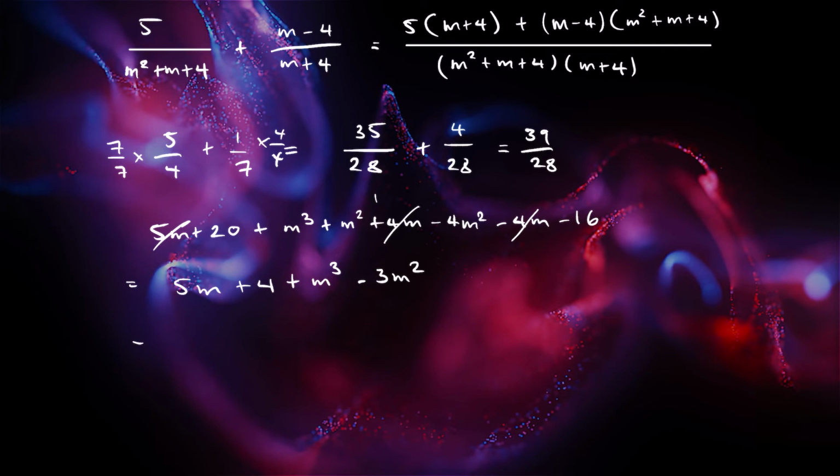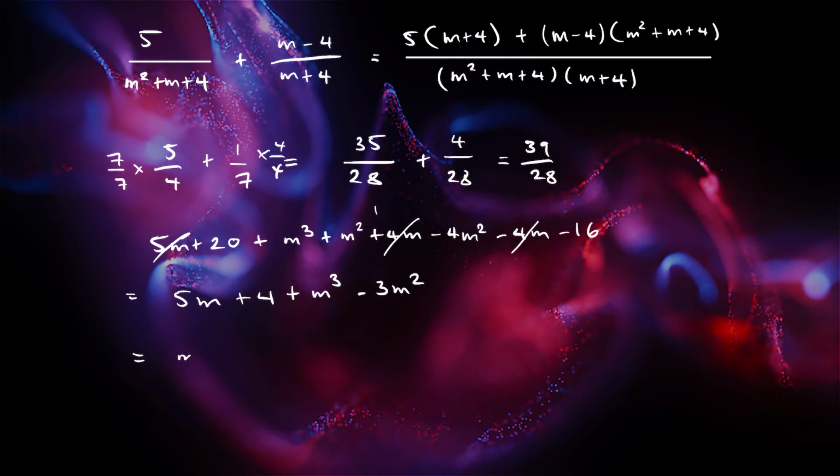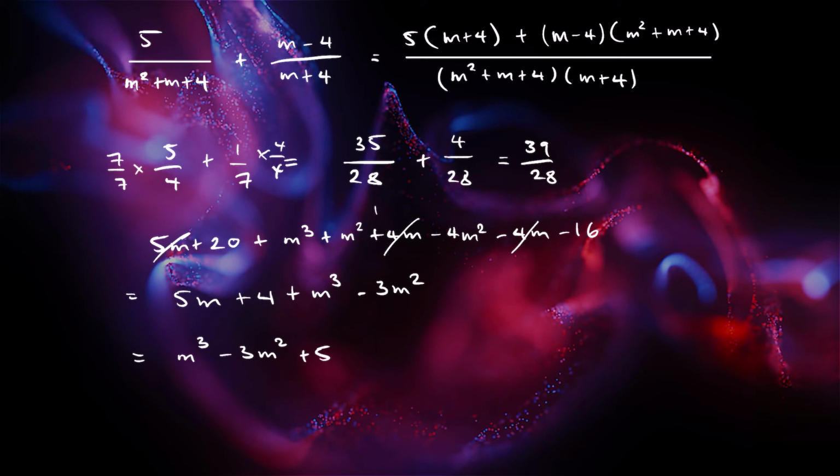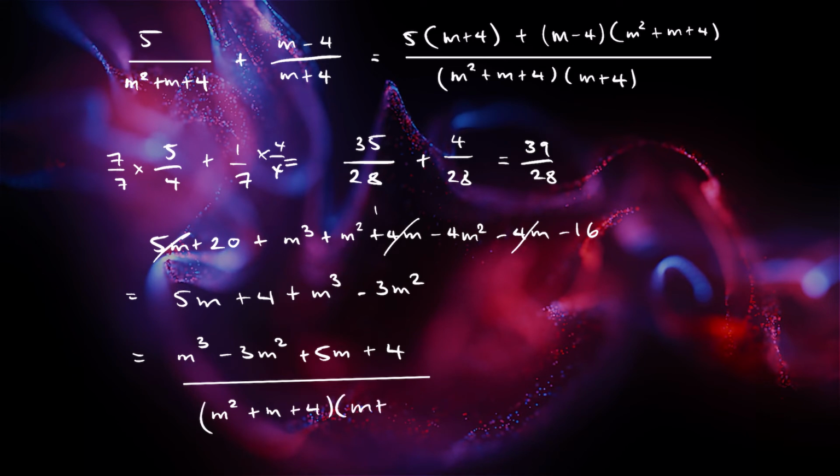It's already simplified, but if we write it with the highest degree of the polynomial first, we get m cubed minus 3m squared plus 5m plus 4. And that's divided by m squared plus m plus 4, multiplied by m plus 4.